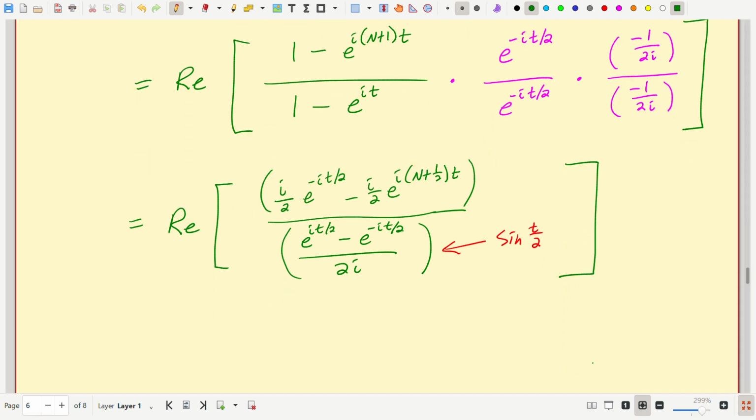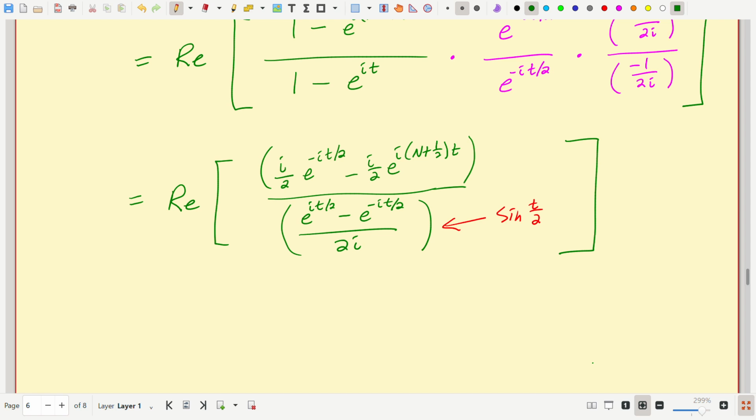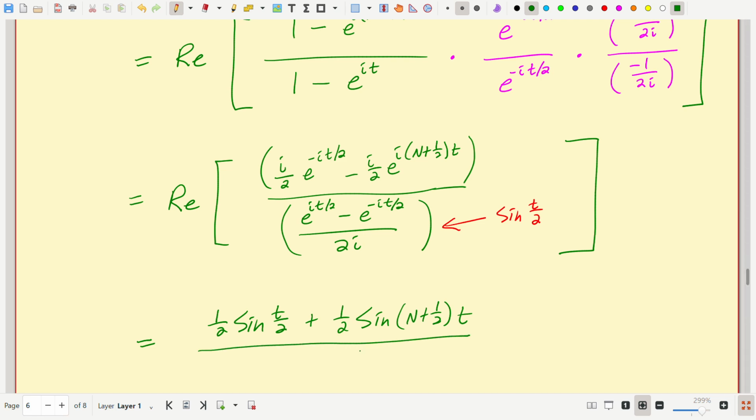And the real part of that, not hard to spit out, is equal to something short and sweet, namely 1/2 sine t over 2 plus 1/2 sine of (n plus a half)t, all divided by sine t over 2.